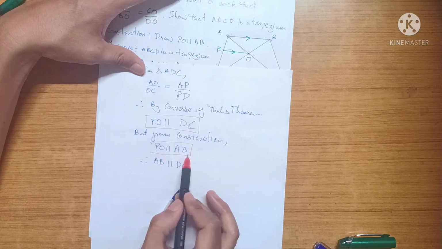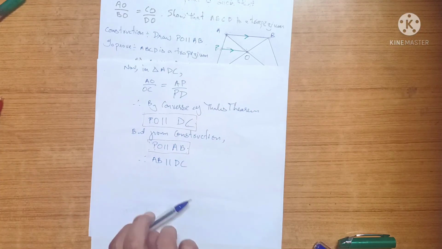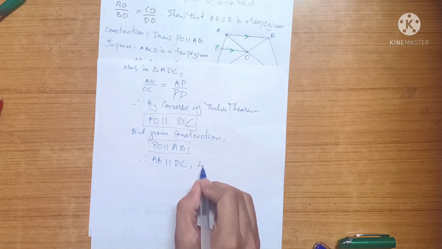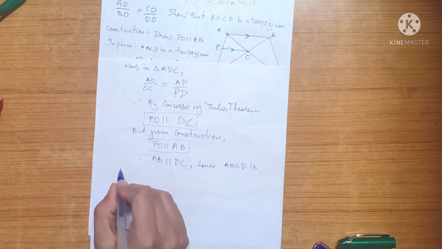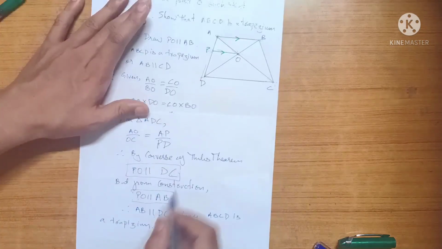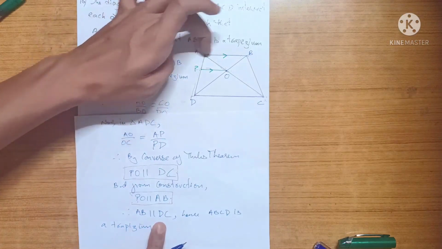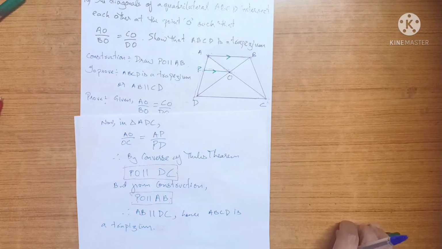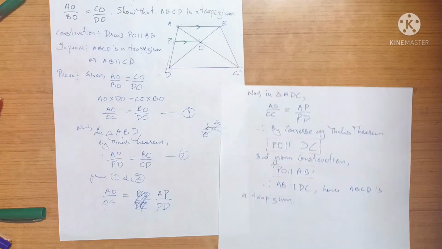Since PO is parallel to both, these two should be parallel to each other. So AB is parallel to DC. Hence proved. Hence ABCD is a trapezium, because one pair of sides is parallel: AB and CD are parallel. Got it?